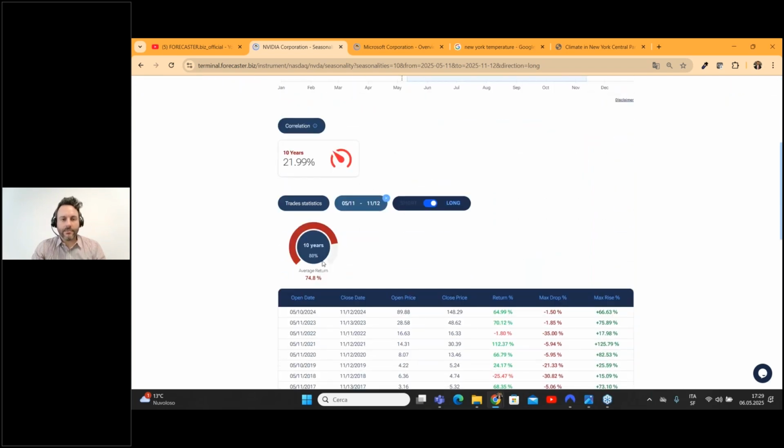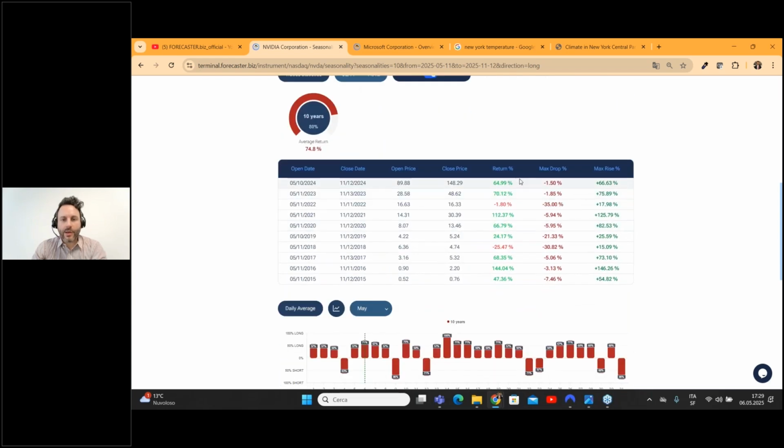In the last 10 years, in exactly this specific period, we had a bull trend 80% of the time with an average return of 74%. And here you can find all the single years, as you can see, 2022, 2021, 2020, 2015, and for every single year, we can find the performance for this specific period.